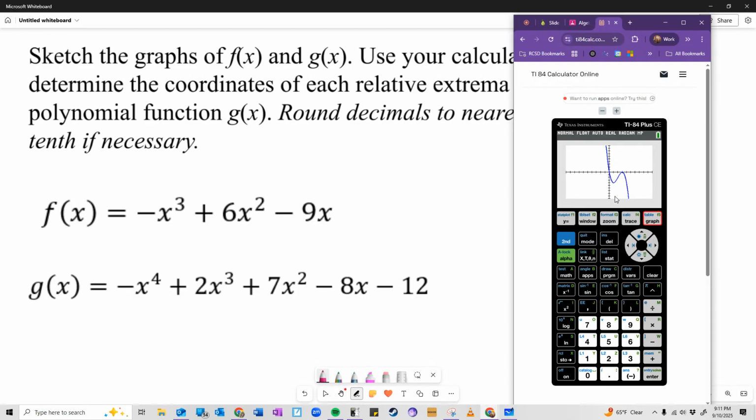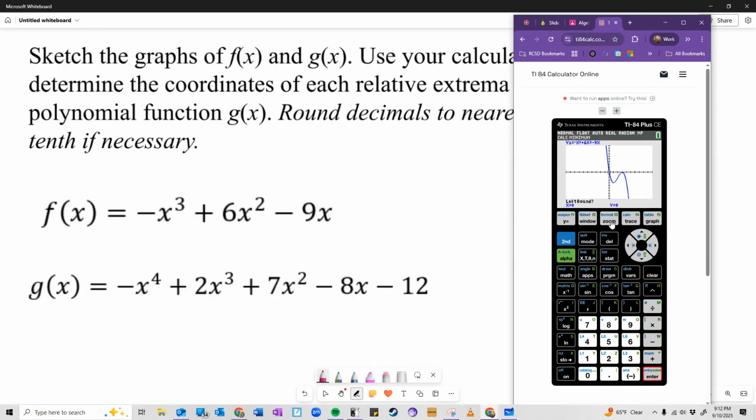So the procedure to find the relative maximums and minimums, we have to press second trace. And the first thing you notice is I can find minimum or maximum. So why don't I just pick minimum? And so I'm going to try to tell my calculator that I want to find this minimum point. I want to find the exact coordinates.